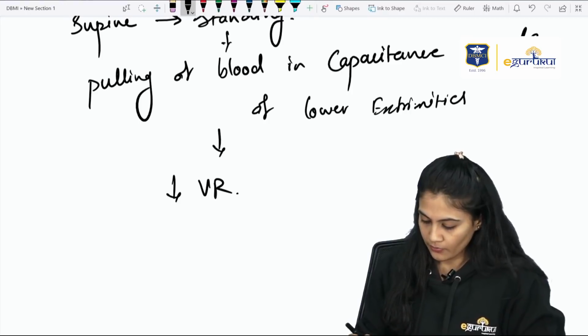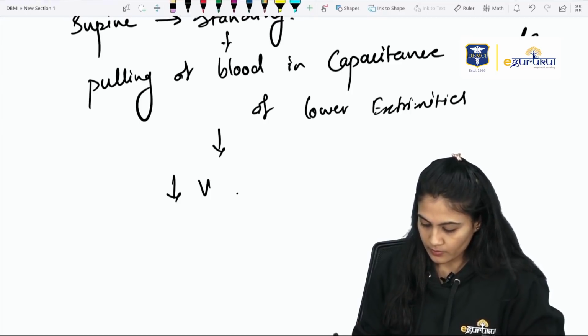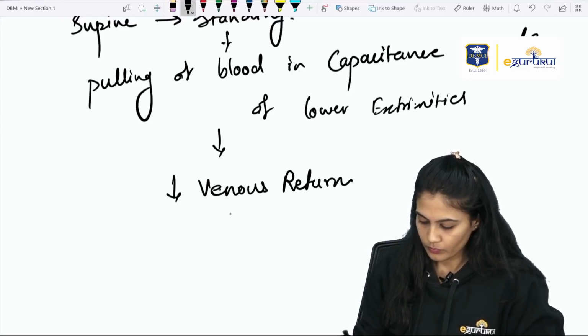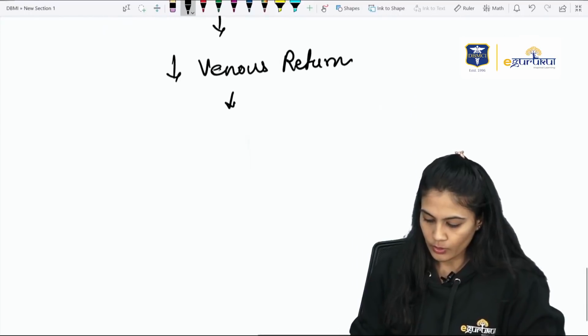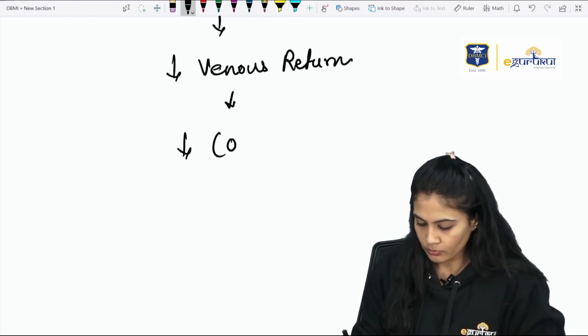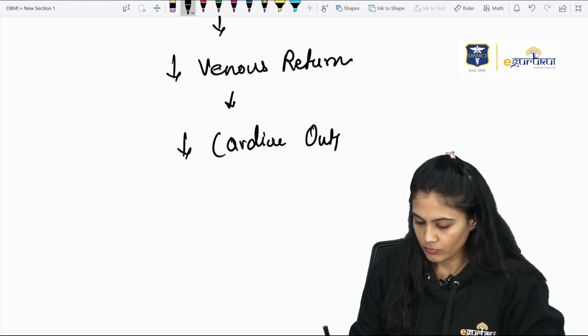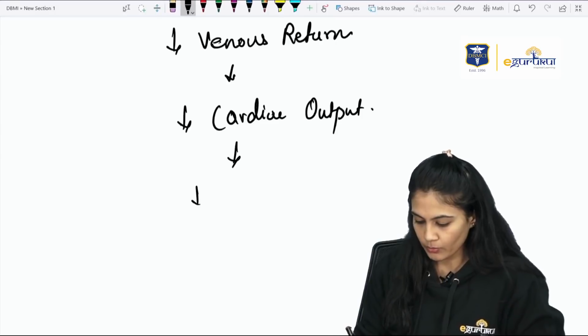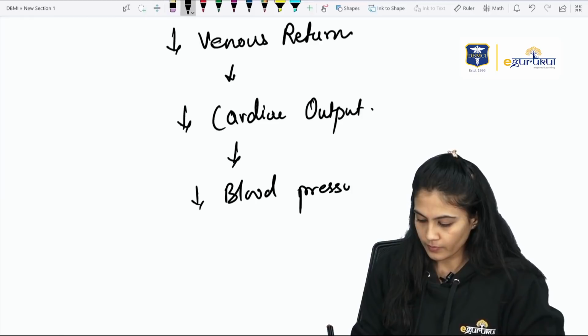If the venous return is decreased, the cardiac output is also going to go down. Once the cardiac output decreases, the blood pressure is also going to decrease, right?